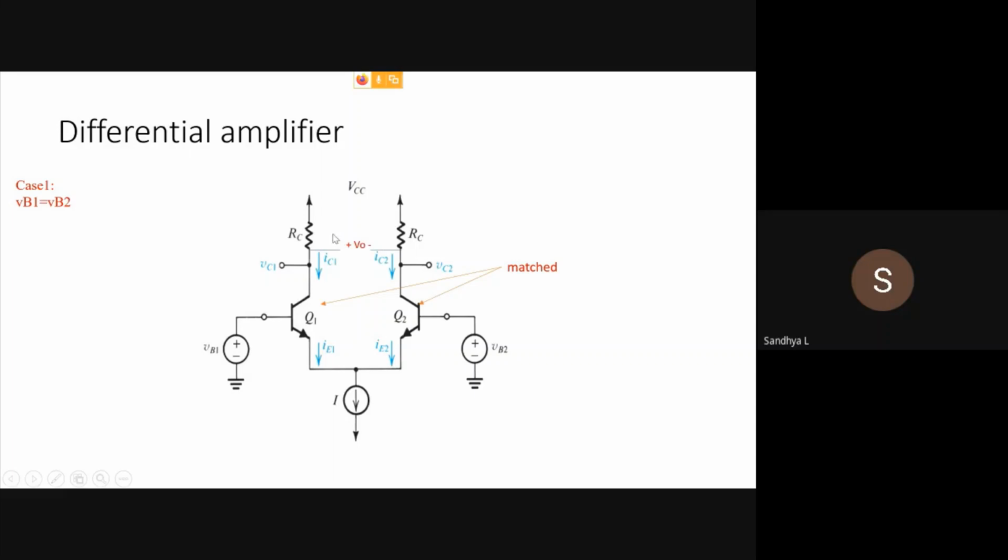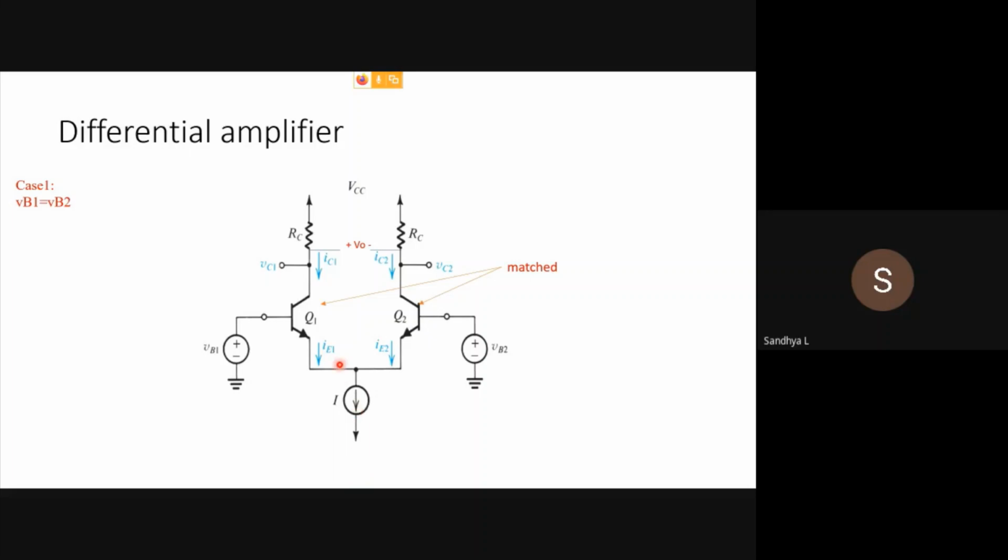So in this particular case, VB1 is equal to VB2. When VB1 is equal to VB2, we have to find out what IE1 and IE2 are in relation with I. In this particular node, you can see that IE1 is entering this node, IE2 is entering this node, and I is leaving the node.